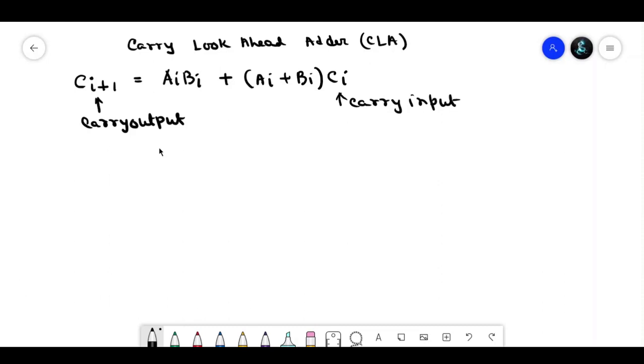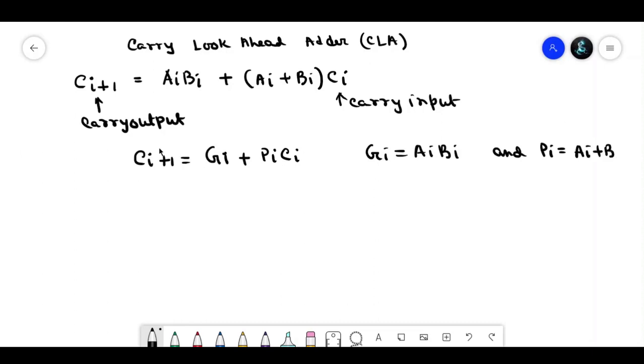Then we can write the relation as C(I+1) equal to AI BI plus (AI plus BI) CI. The result can be written as C(I+1) equal to GI plus PI CI, where GI equal to AI BI and PI equal to AI plus BI.